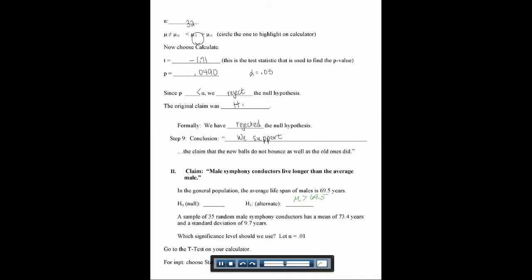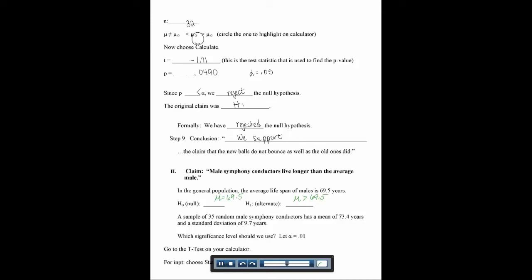Okay? And our null is that mu equals 69.5. Now, we have a sample of 35 random male symphony conductors. They have a mean age of 73.4 years and a standard deviation of 9.7 years. Now we're going to use a significance level of 0.01.